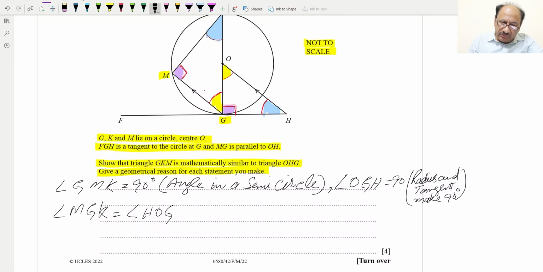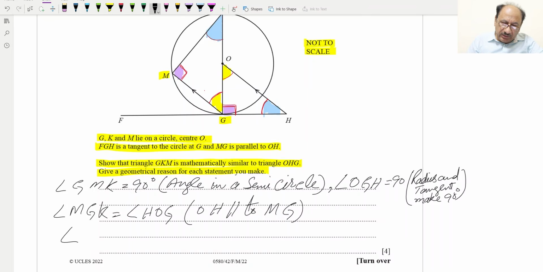And we will write basically these are parallel lines. OH is parallel to MG. Okay. And the third one we can write, two angles are similar, so third will also be similar.